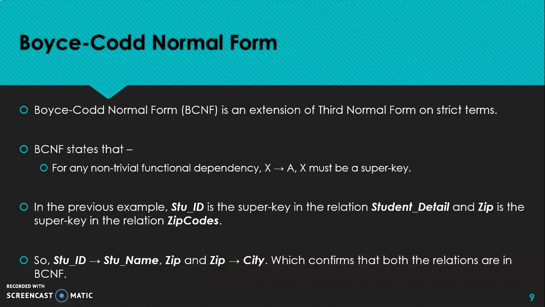So this is just an extension of the third normal form, but with stricter terms: for a non-trivial functional dependency, your X must be a super key. So your X becomes student ID and your X becomes zip.